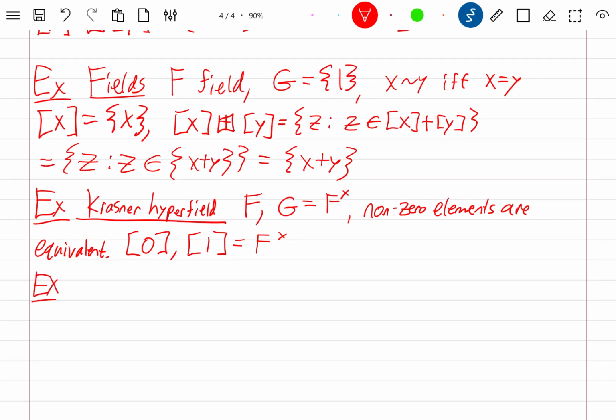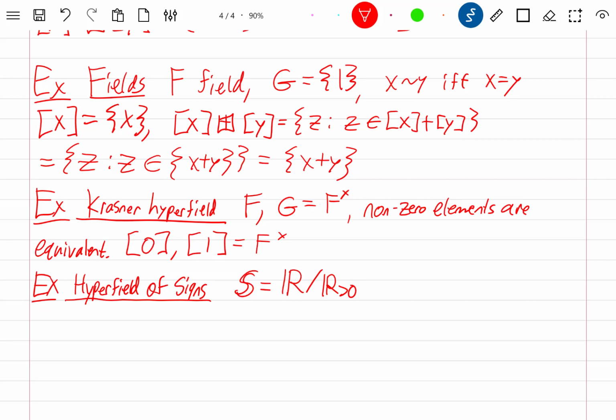So the next one I want to say is the hyperfield of signs. Here, we can view our hyperfield of signs as taking the real numbers and modding out by the multiplicative subgroup of the positive real numbers.